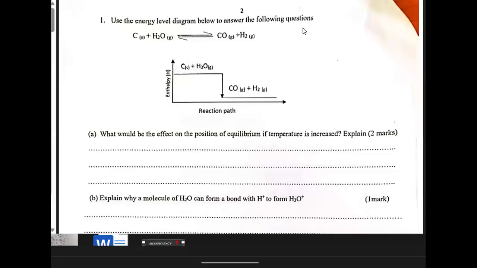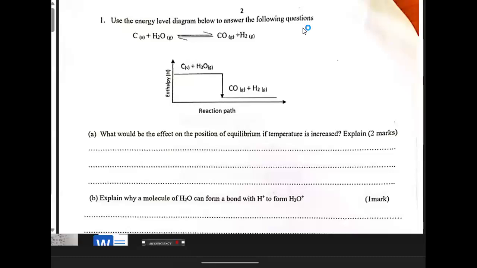We can answer the question: what would be the effect on the position of the equilibrium if the temperature is increased? Explain. Looking at the energy level diagram, that reaction does not require heat energy. It is losing heat as the reaction progresses.